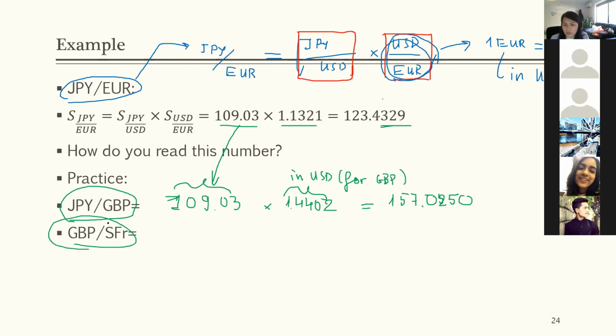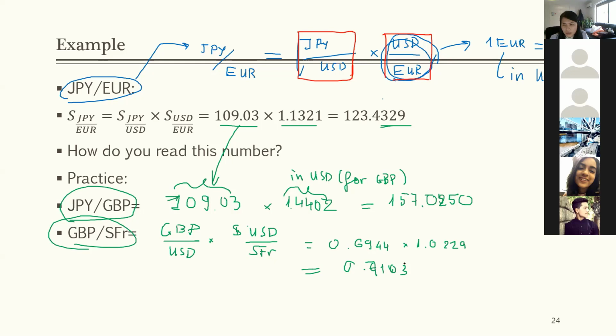So here, if I want to find this exchange rate, what would be my answer? I think that is 0.6944 into 1.0229. And what's the final answer? That's 0.7103.